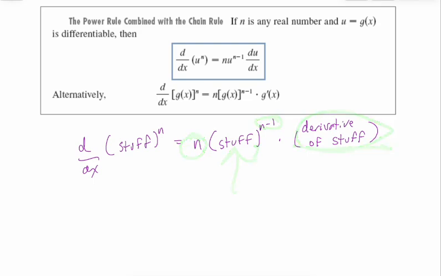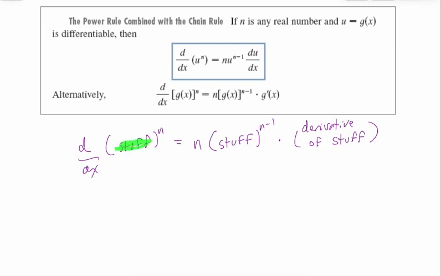They are specifically showing you every time what happens to a power of a function. So if we have a power of a function, drop the power down in front, leave the function there. Power goes down by 1, but don't forget to take the derivative of the inside function.